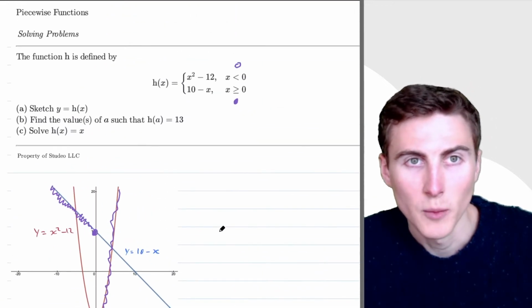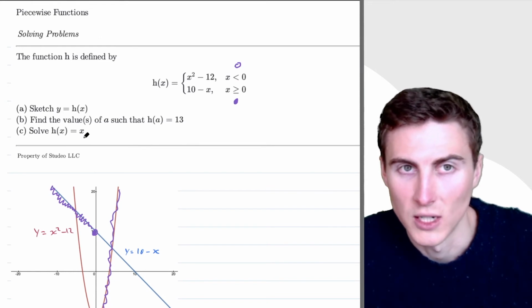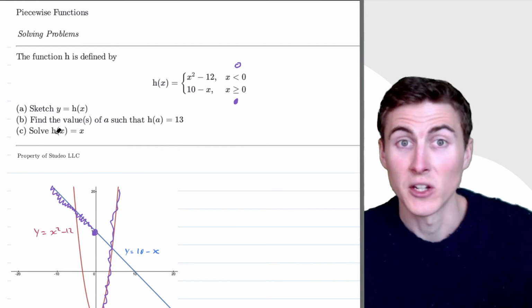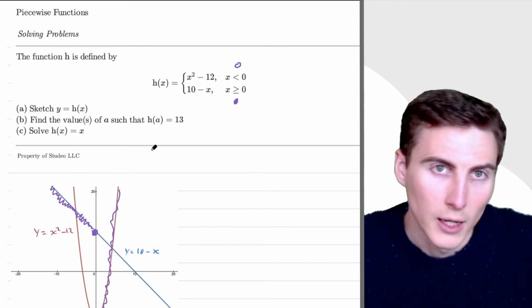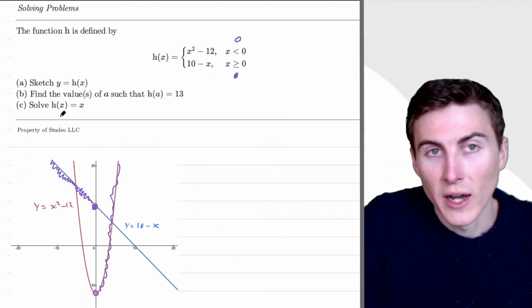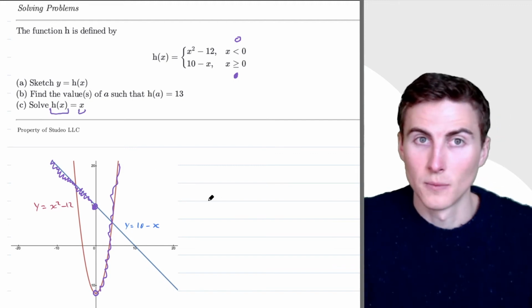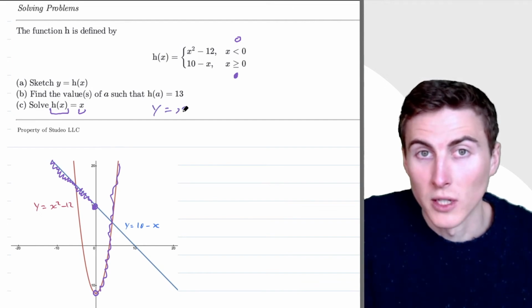Now if we scroll back up, it says solve h of x equals x. So find the value of x for when the h(x) function equals the x value itself. There are a couple of ways to think about this, but the way I think about it is to treat h(x) and x as two different functions and draw them both. The x one is just y equals x.